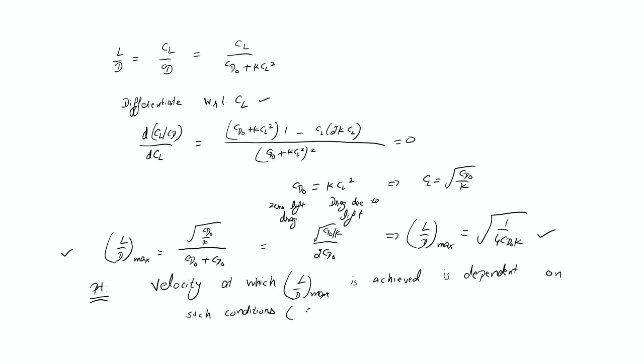That can be steady level flight, or the aircraft is climbing or even turning. Okay, so please remember this point, the velocity will be different when it is flying at a steady level flight or climbing or even turning.